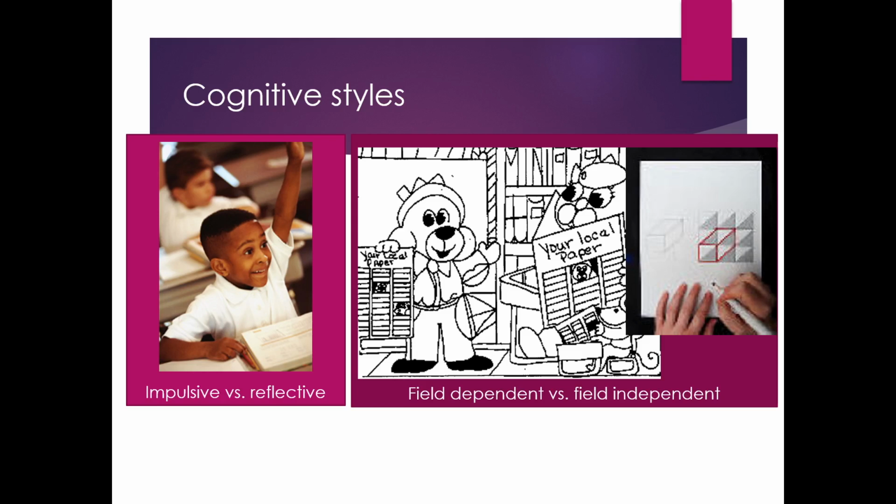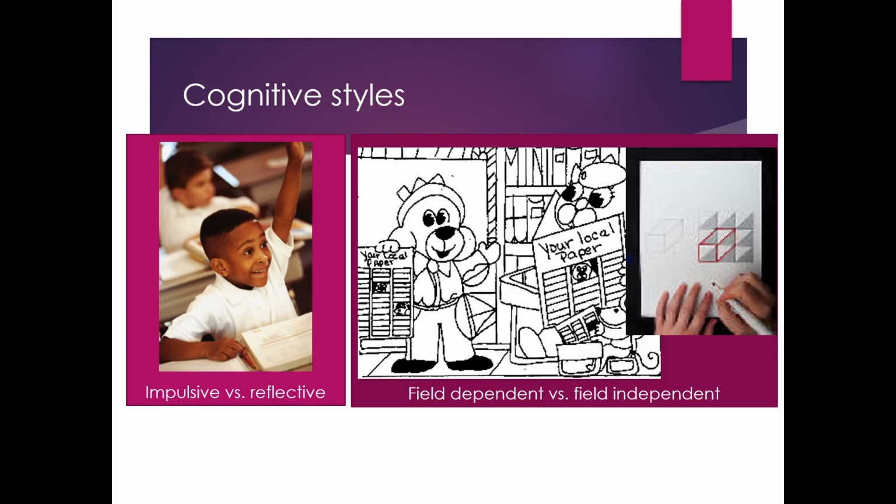But what's the difference if you're a field dependent or field independent person? Well, it turns out that people who are field dependent oftentimes can see the themes that are present, oftentimes are better at interpersonal behaviors because they can kind of see both sides of what's going on because they see the context.